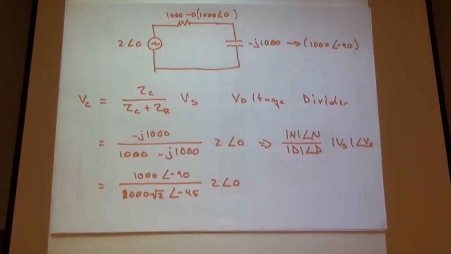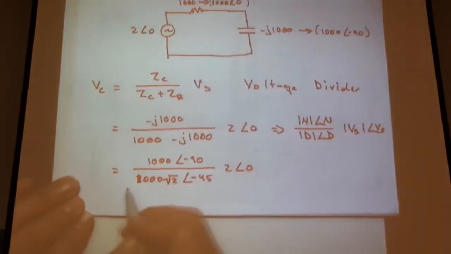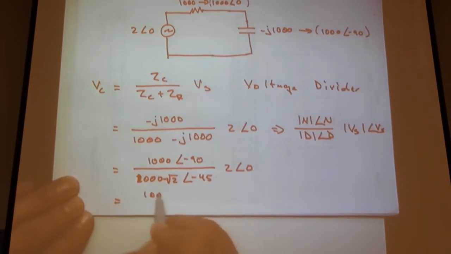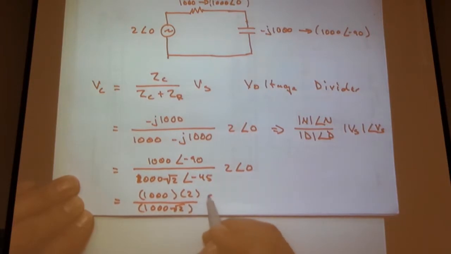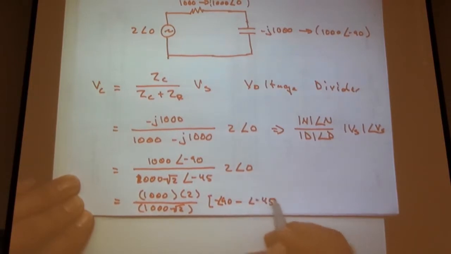And we already went over how we do this. Well, this is multiplication and division. We saw a problem that was very, very similar already. We can write this out as 1,000 times 2 over 1,000 square root of 2, times angle minus 90 minus angle minus 45 plus angle 0.